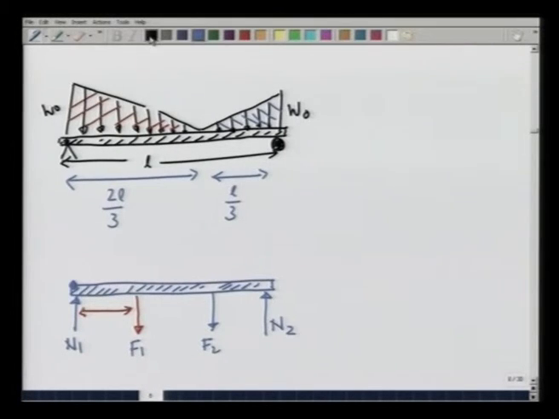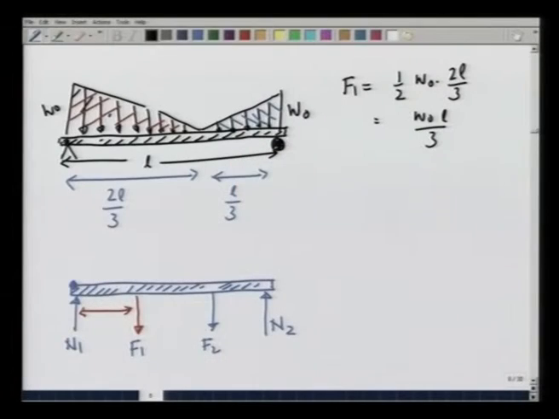Now, what we did earlier, I can take F 1 to be acting at the centroid of this first triangle. F 1 is going to be equal to 1/2 W 0 times 2 L by 3. So, this is going to be W naught L by 3. And where does it act? It acts at the centroid of this triangle.